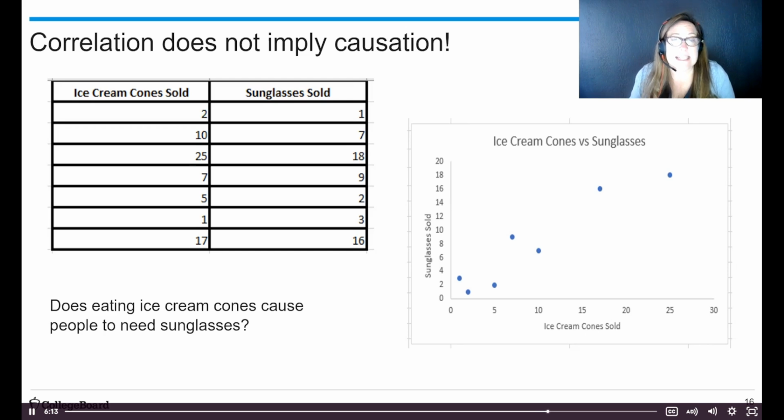In this case, warm weather or sunny days actually might cause more ice cream cones to be sold because that's so refreshing. And we might need to help ourselves see a little easier without being blinded by the sun, so we might buy some sunglasses. So there's actually a third set of data that we need because that third set of data, the temperature or how sunny it is, actually affecting both sets of variables in this case.